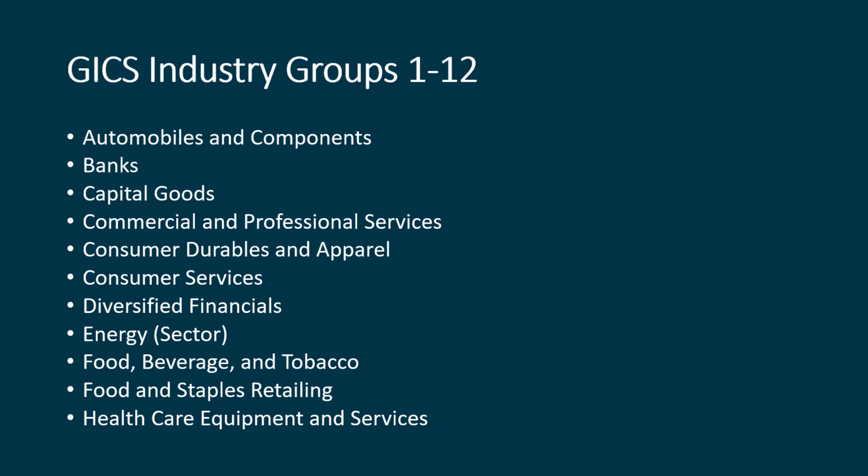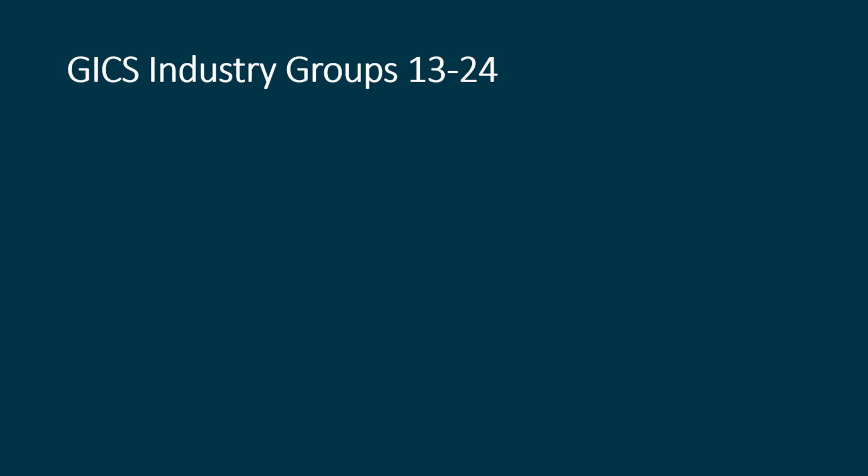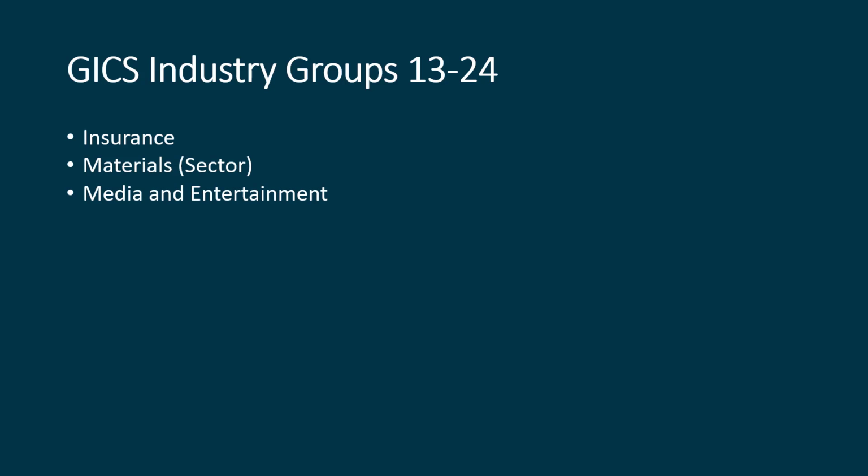Different healthcare equipment as well as services. And household and personal products. Then the other group that we look at, insurance, whether it's life insurance, car insurance. Different materials, which is also a sector. Media and entertainment, whether it's a big company like Disney that puts out movies or a small company that just operates locally but still is a publicly traded company.